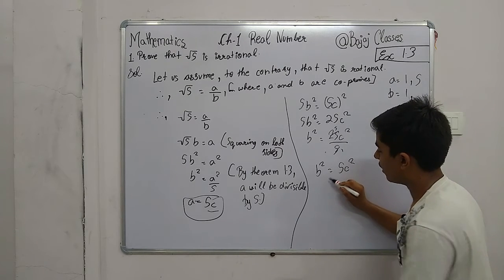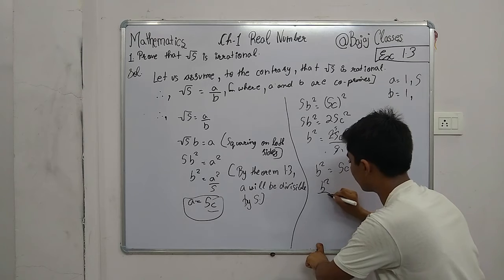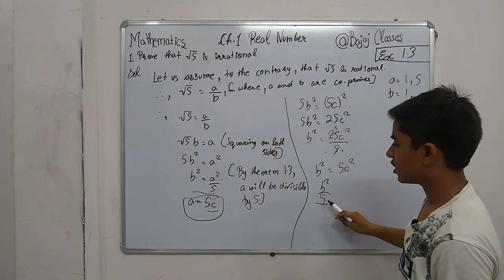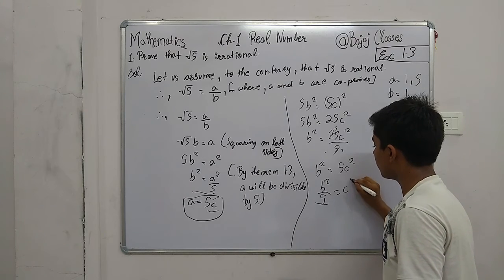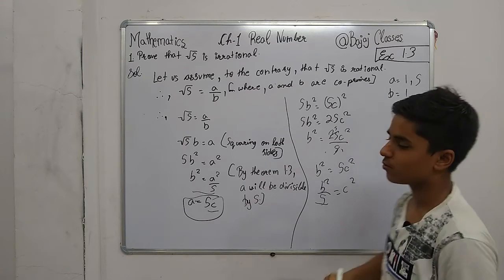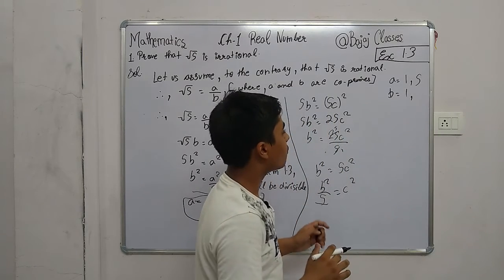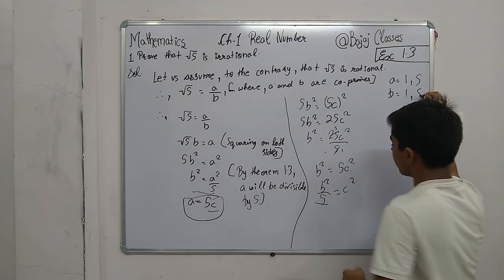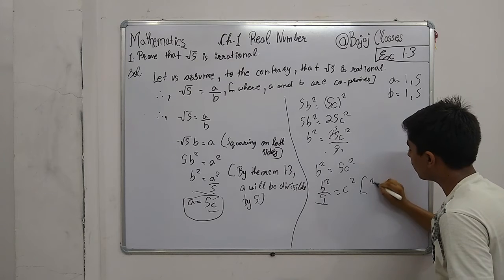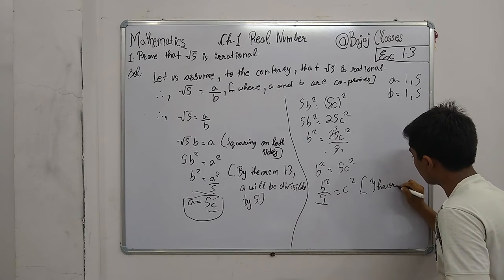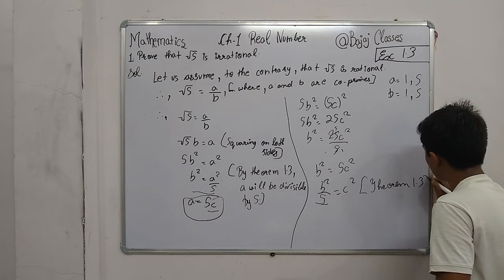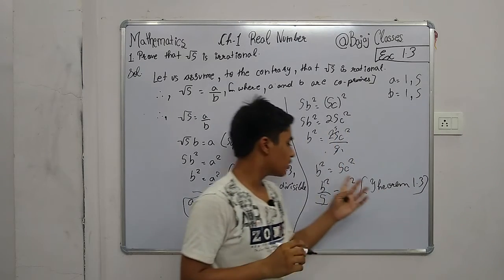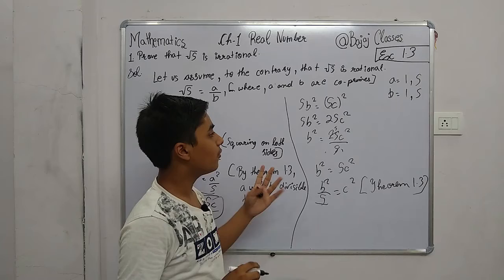Now we'll take 5 here, so b square by 5 equals c square. Now the same thing: our next factor of b will also be 5, because by theorem 1.3 we can conclude that if b square is divisible by 5, then b will also be divisible by 5.